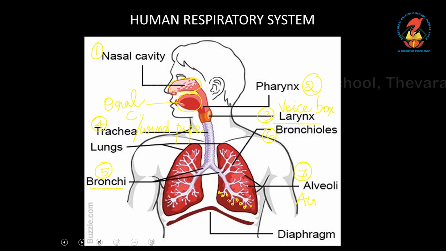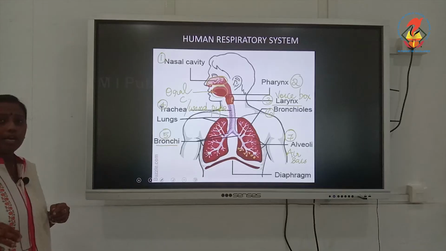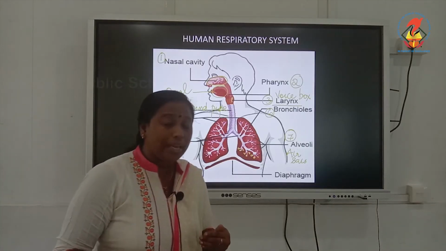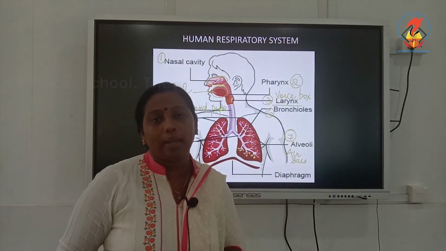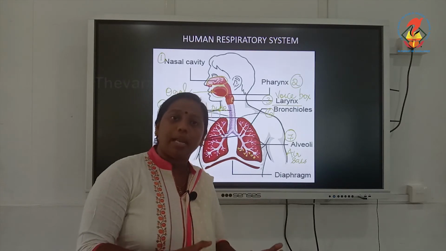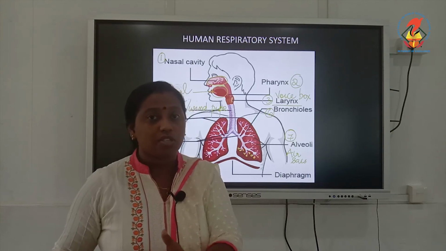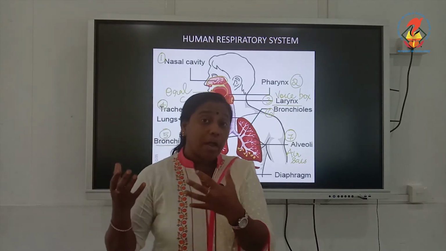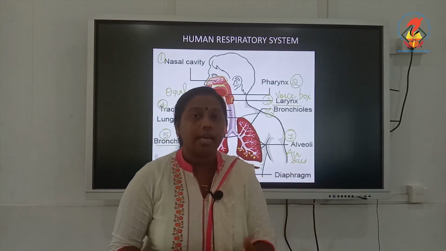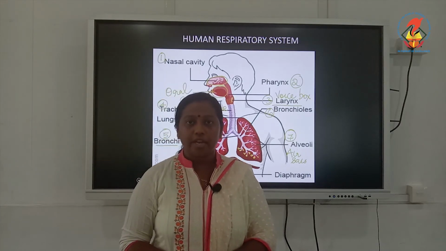Alveoli or air sacs. It is in these alveoli that the exchange of gases between the lung and blood will occur. That is, oxygen from the lung is given into your blood. Similarly, carbon dioxide, which is a waste, is given from the blood to your lungs. Again, it happens in the alveoli region.